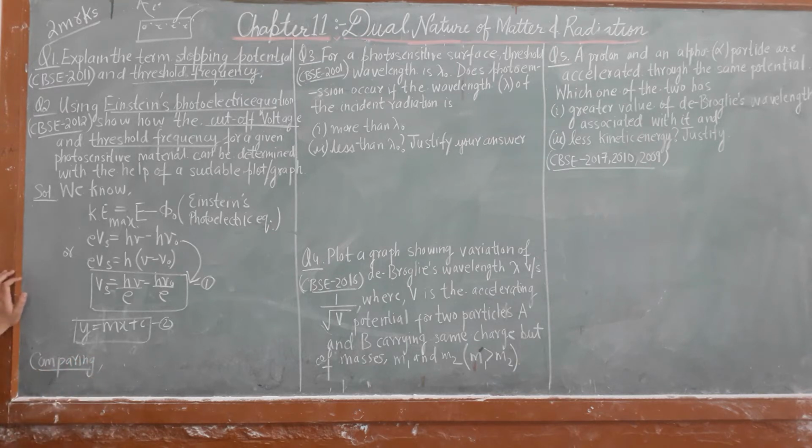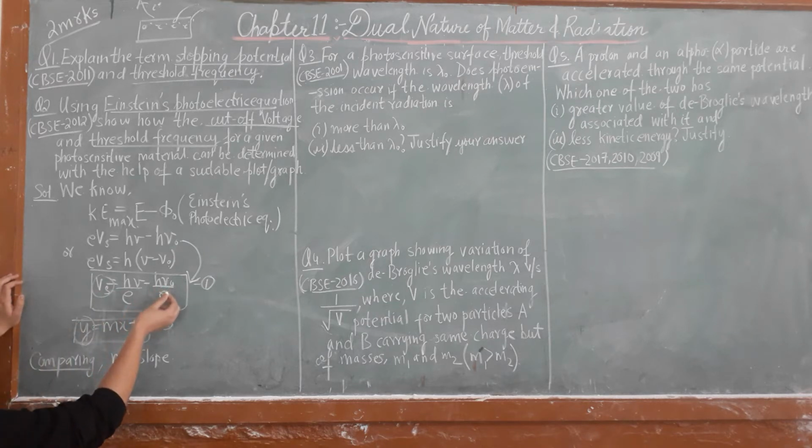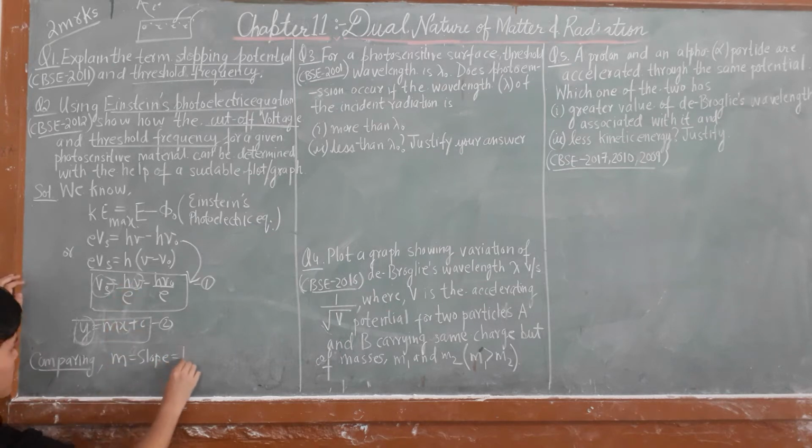Comparing both equations, what you get is the slope value m. Vs is equivalent to y, and nu is equivalent to x. So the slope is h upon e.